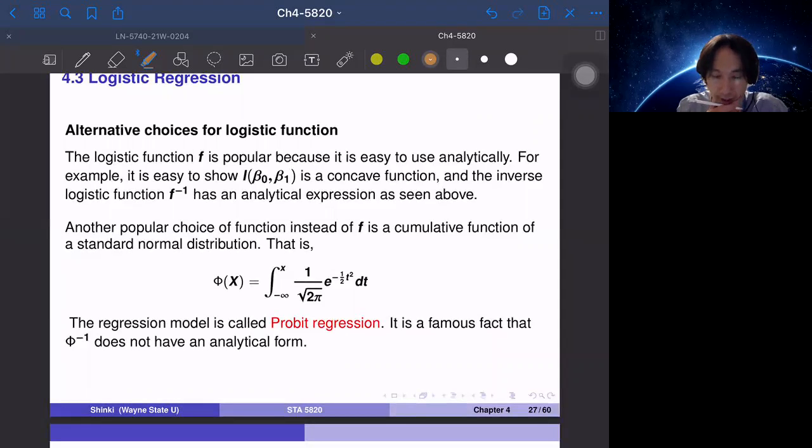Okay, so we use the logistic curve for logistic regression, but are there any other choices? Actually, many other choices have been proposed, even though the logistic function is most popular.